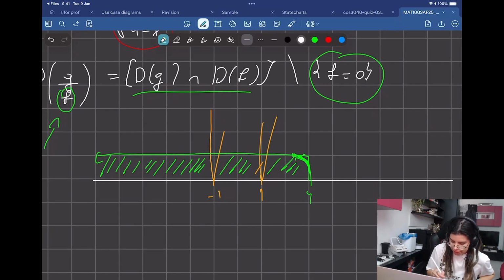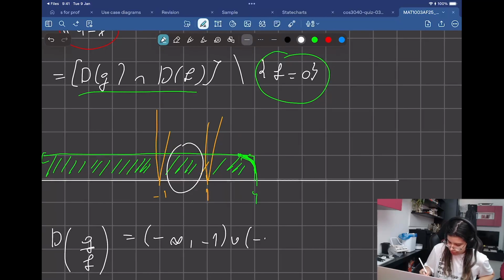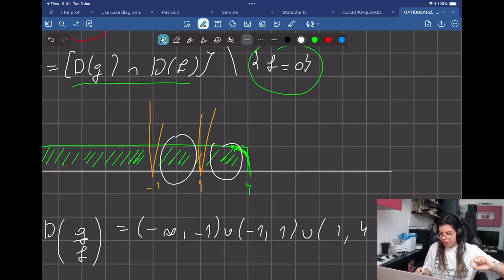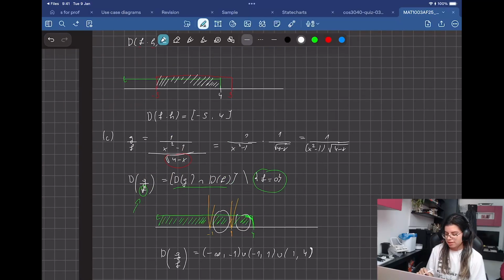Therefore, the domain of G over F would be minus infinity to minus 1, because we need to exclude the minus 1, union with minus 1 to 1, union with 1 to 4. The only difference is this time I'm not going to have this bracket, because this means that we're including the 4, but I want to exclude the 4, therefore I'm going to use the regular parentheses. And that's the final answer.